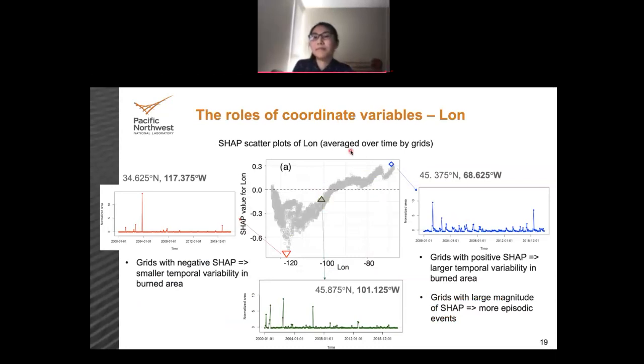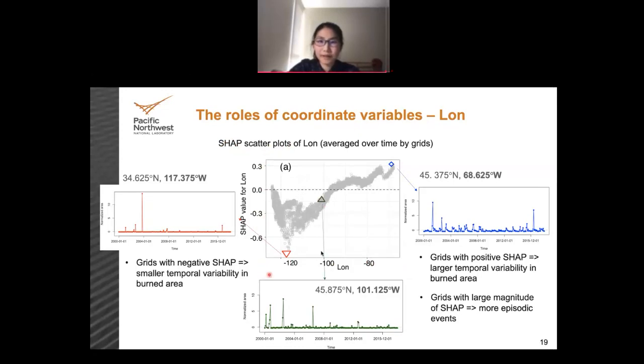Then based on the global importance plot, we know that longitude and latitude are the top 1 and top 4 important variables in the fire prediction. So we want to know how the model utilizes longitude and latitude to help fire prediction. So here we plot the SHAP scatter plot for longitude. The x-axis is longitude, the y-axis is the contribution of longitude.